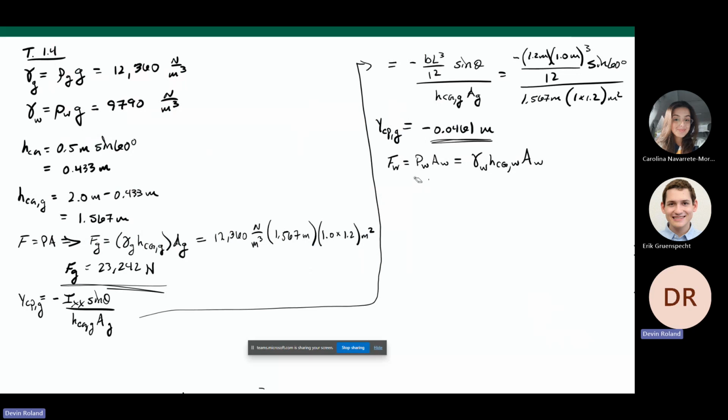If I plug in some values here, this will be 9,790 Newton per meter cubed, that is the specific weight of water.